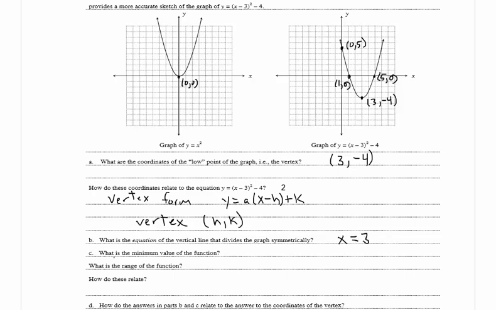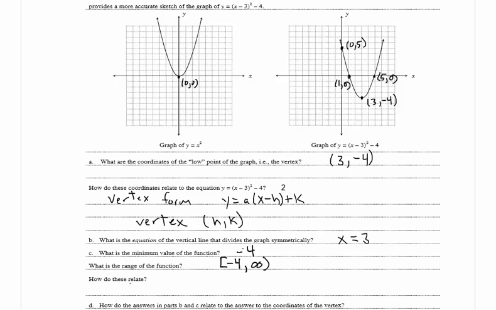And in C, they ask, what is the minimum value of the function? The minimum value is the lowest y value that the function takes on. And we can see that that's at the vertex, negative 4. And then it asks, what is the range of the function? The range of the function is all the y values that the function takes on. And if negative 4 is the smallest value, we're going to have from negative 4 to infinity.